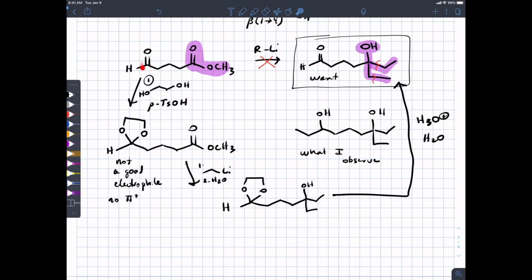But instead, I'm trying to protect an aldehyde, and TBDMS chloride doesn't mess with that aldehyde oxygen. Is that the TBDMS, that's pretty much exclusively for alcohol? The TBDMS group, for our purposes, yeah, will be exclusively for alcohols. Okay.